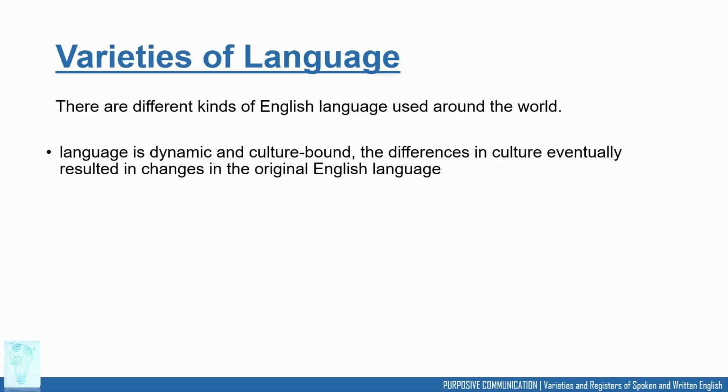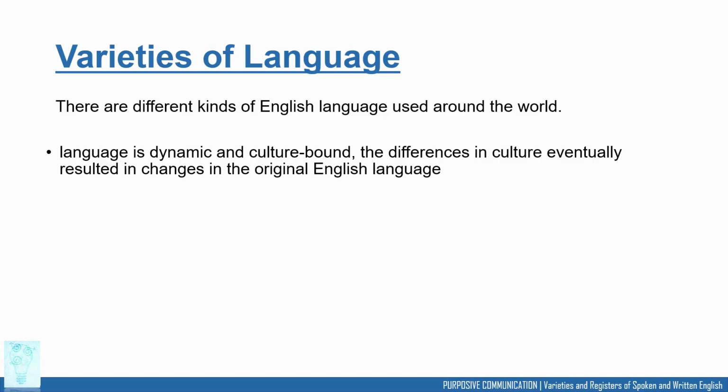Apart from conquering the land, nowadays it's because of migration, employment, and economic reasons. Since language is dynamic and culture bound, the differences in culture eventually resulted in changes in the original English.